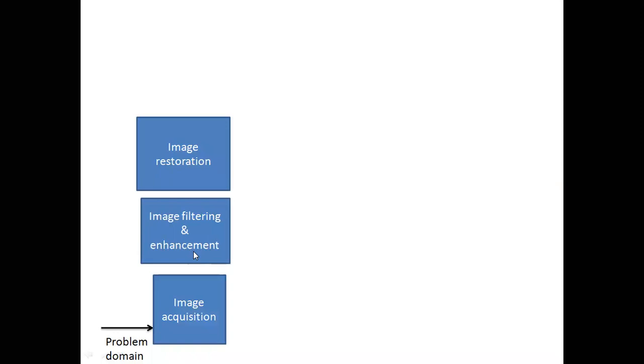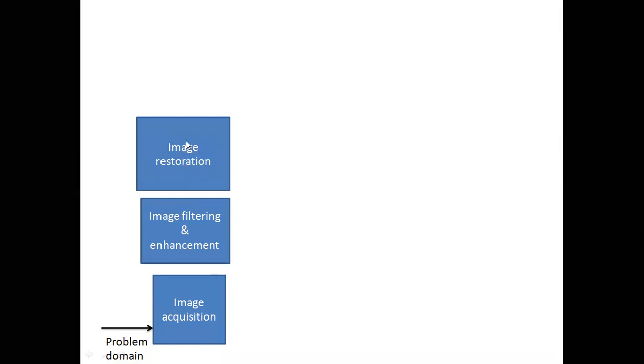One subject may think the brightness is too much, while another may think the image is already of good quality. It depends on the individual subject, so it's called subjective. Whereas in image restoration, you again perform some manipulation to increase the quality, but this is objective in nature.